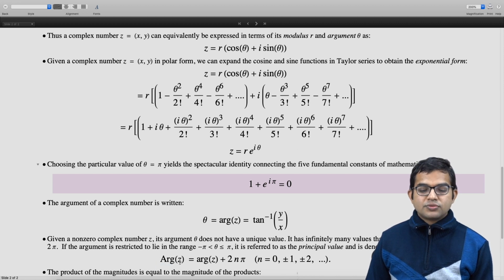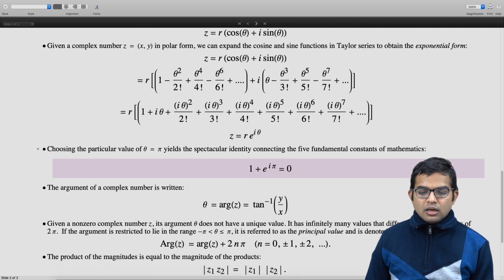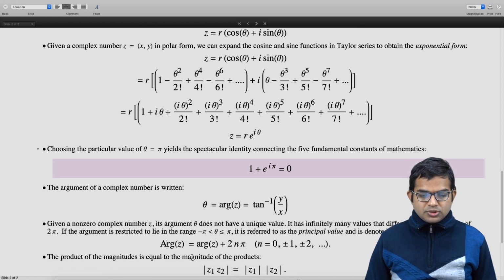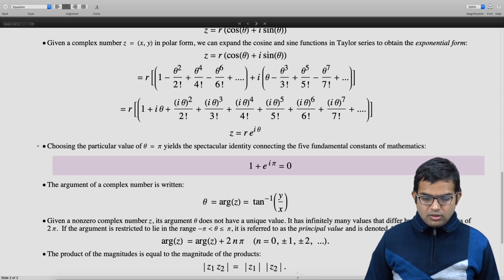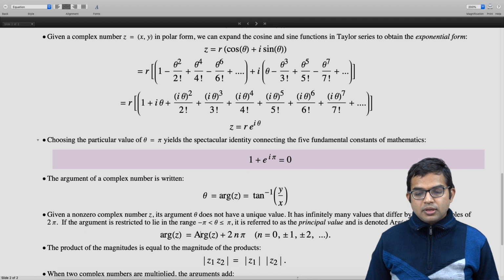So this arg of z is just the small arg plus 2n pi. So indeed, this capital arg has to be fixed in such a way that, in fact, it makes more sense to write it in this manner. So the small arg is equal to capital arg of z plus 2n pi, right?